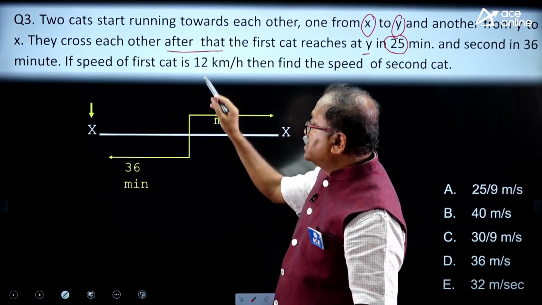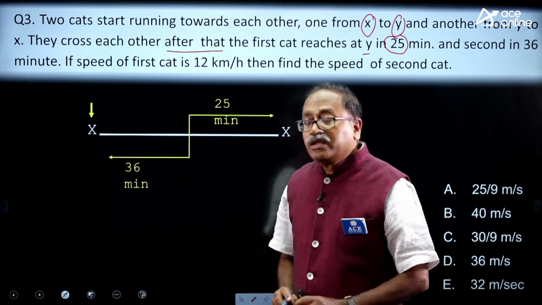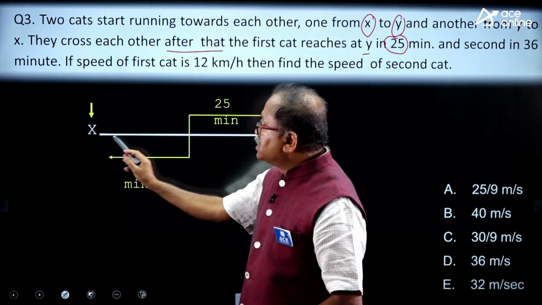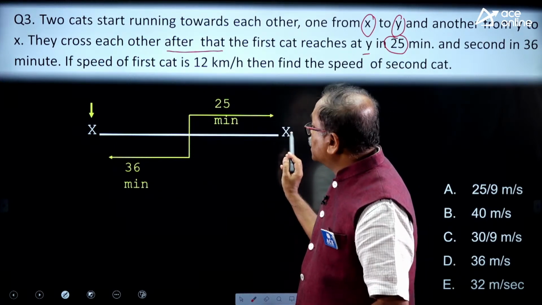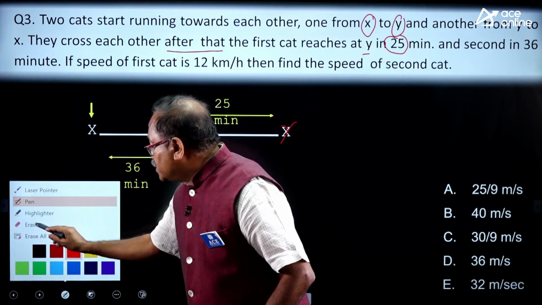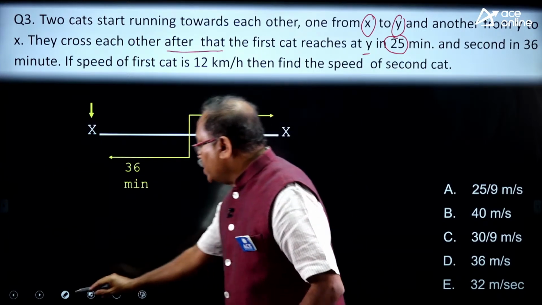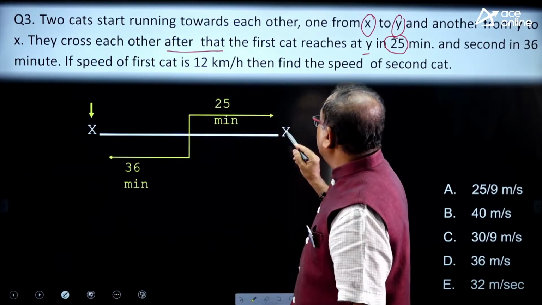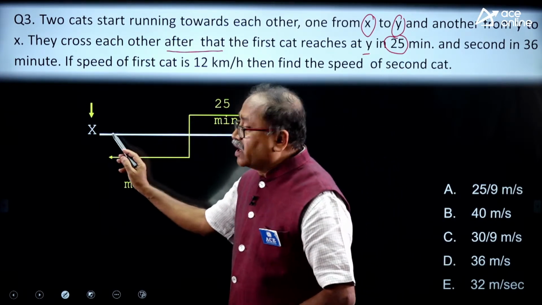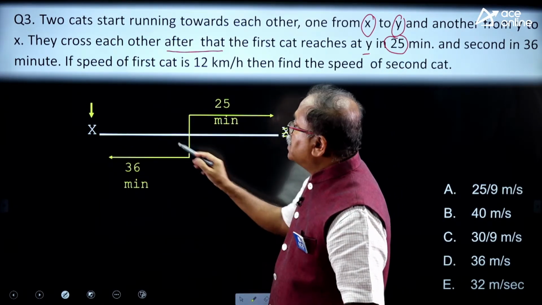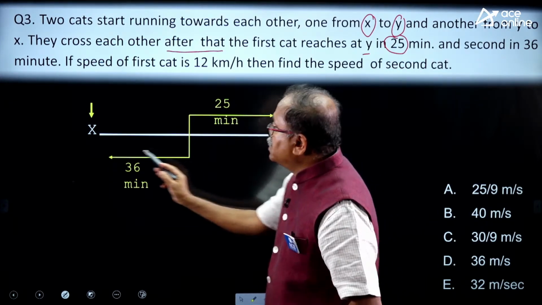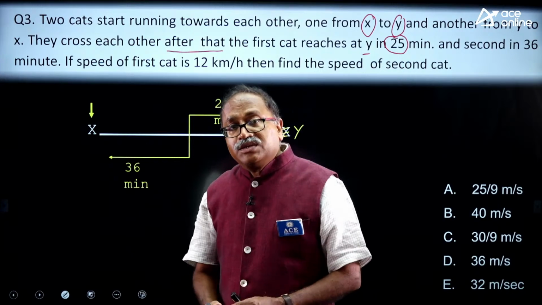In order to make you understand, I put up the diagram here, that is X to Y. The first one starts from X to Y, and the second one starts from Y to X. After crossing each other, the first one reaches Y after 25 minutes, and the second one reaches X after 36 minutes.